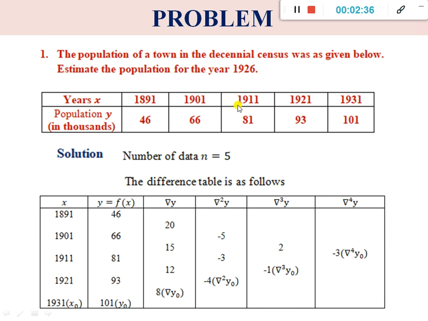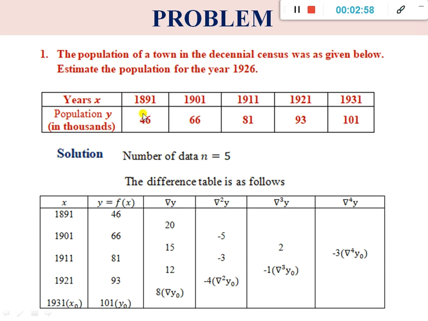If it lies in the middle of the table, you can go for either forward or backward. At the beginning of the table you must use Newton's forward interpolation. In this case, it lies at the end of the data, so here I am applying Newton's backward interpolation formula.